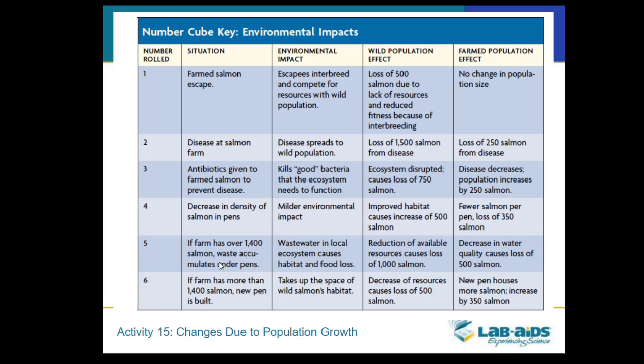And then, if we have waste that accumulates and leaks out, that can cause environmental problems, as well as just the pens themselves. They take up space, and so that can reduce our wild population. Ultimately, there's not a scenario we found where we didn't have a negative impact on one of the populations with that decision or with that situation.